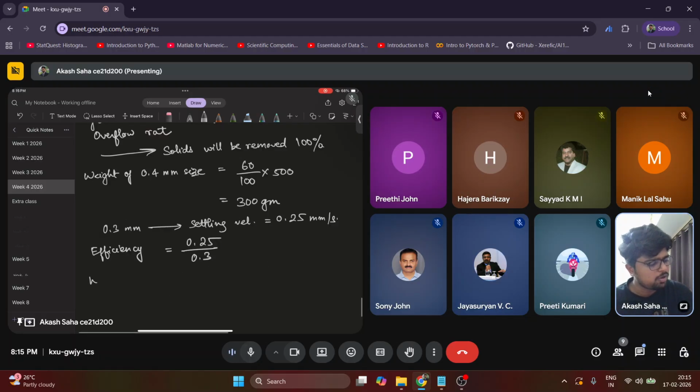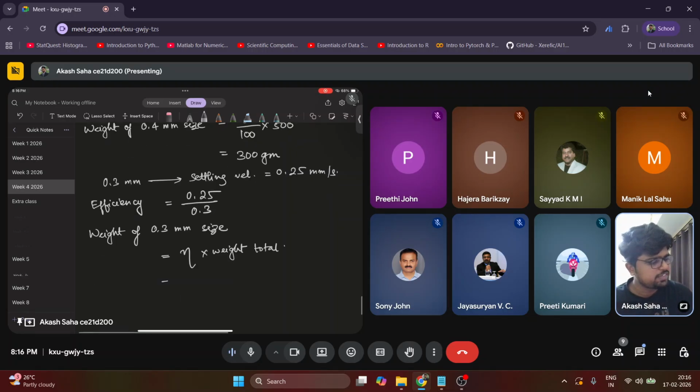So what will be now the weight of 0.3 mm size particles that will be removed? It will be equal to the efficiency into the total weight. Okay, into the total weight. So efficiency is 0.25 by 0.3 into 40% of 500. Is it clear? 40% of 500.